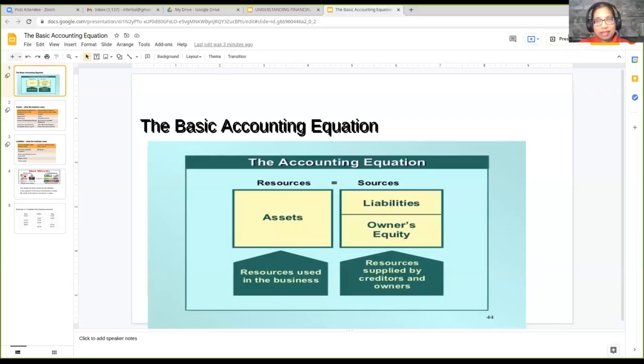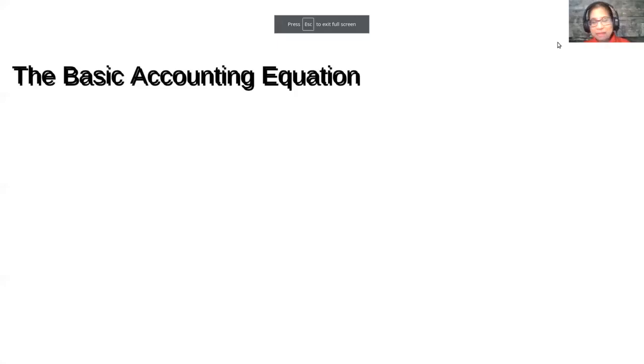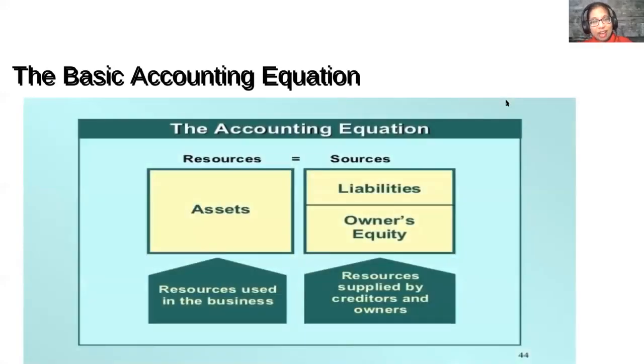And I'm just going to share a brief presentation with you so that you can follow along with me on this. Okay, so it's quite simple. The basic accounting equation is an equation, all right? And over here, you would see that on the left-hand side, we have assets.